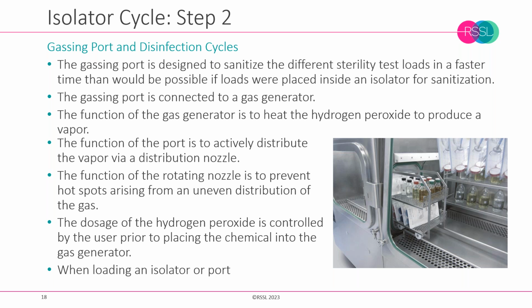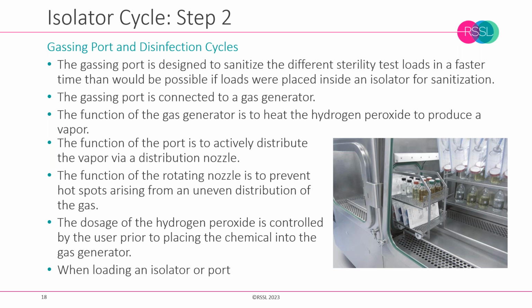So this would be connected to the gas generator, and the function of the gas generator is to take a defined volume of liquid hydrogen peroxide and then to heat that peroxide in order to produce a vapor, and to pass that into the chamber using sterile compressed air via a distribution nozzle.